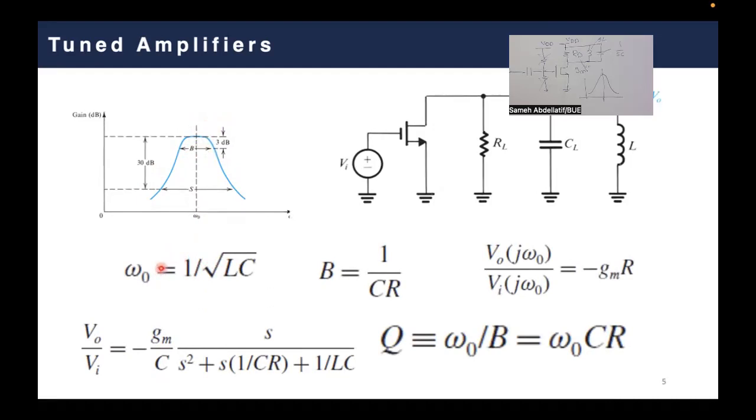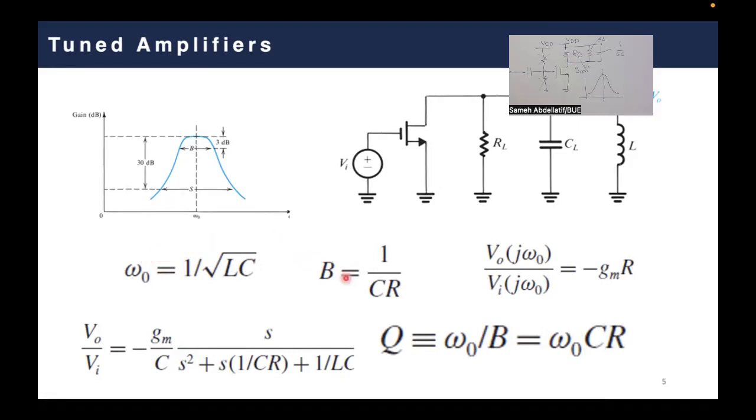It's simply the frequency at which the capacitance is cancelled by the inductance. So simply SL equals 1 over SC, replacing S by j omega, so omega squared equals 1 over LC, or omega equals 1 over root LC. This is the resonance frequency at which you don't have the effect of the capacitance and the inductance.